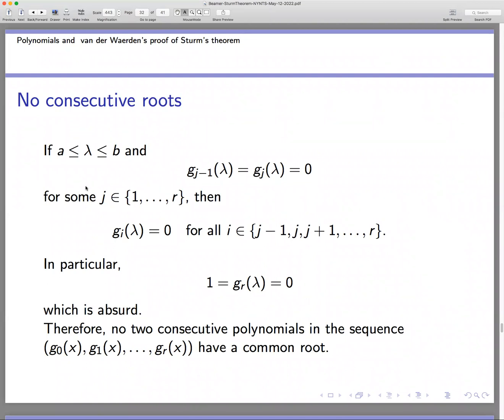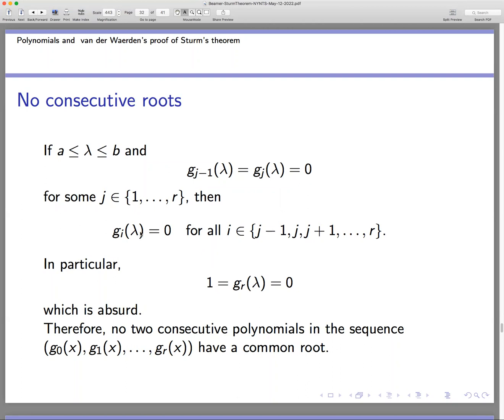So the first observation is that in the sequence of G polynomials, there's no lambda which is a root of consecutive polynomials. There's no pair G sub j and G sub j minus 1 for which lambda is a root. Because if this were the case, then G sub j plus 1 is some linear combination of these two, G sub j minus 1 and G sub j, and it would be 0 at lambda.